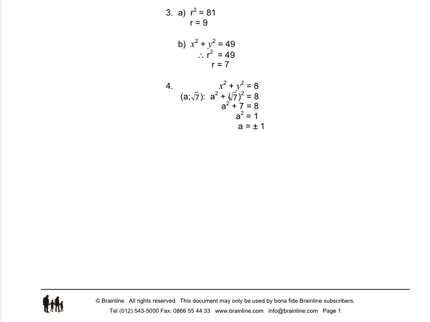Then question 4, we were given the equation of the circle being x squared plus y squared equal to 8. And we were also given the coordinate where x is a and y is square root 7. So we substitute x with a and y with the square root 7. If I then simplify, my square root and my square will cancel out and I'm left with 7.